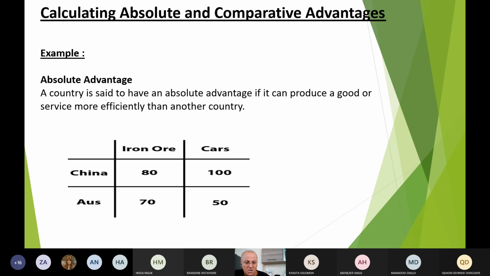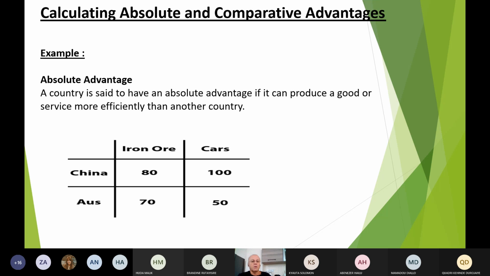If you remember, China and Australia are the trade partners, and they are producing iron ore and cars, and we are trying to understand the best possible options to become a trade partner when they produce these 2 products in their countries. Do you remember this assignment? Do you remember this given assignment to you? Yes, sir. Okay.